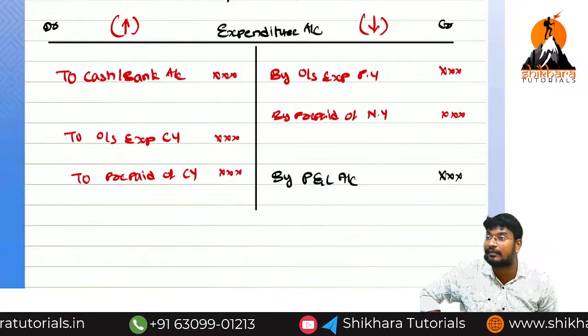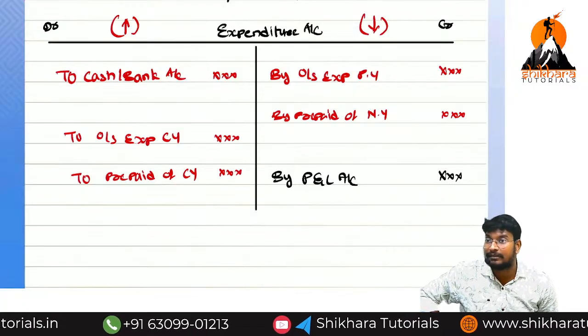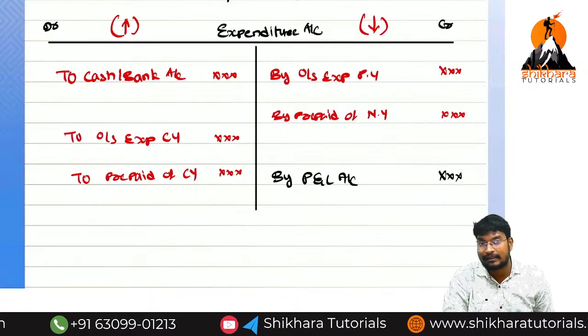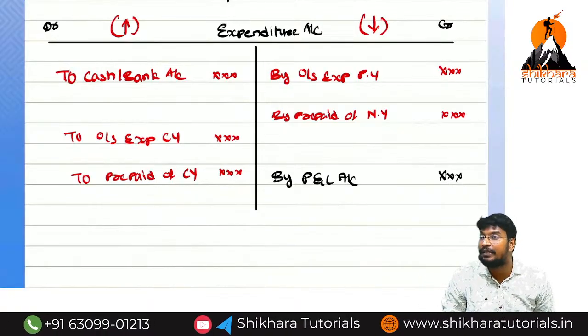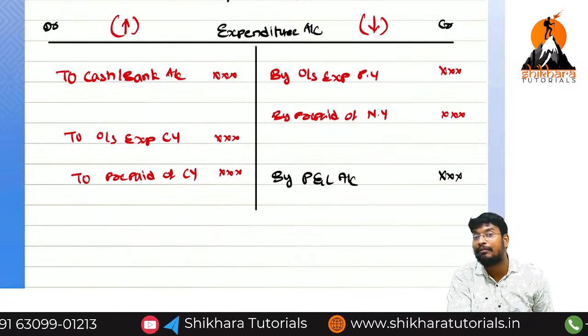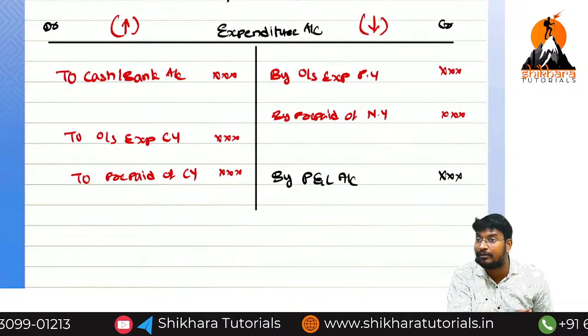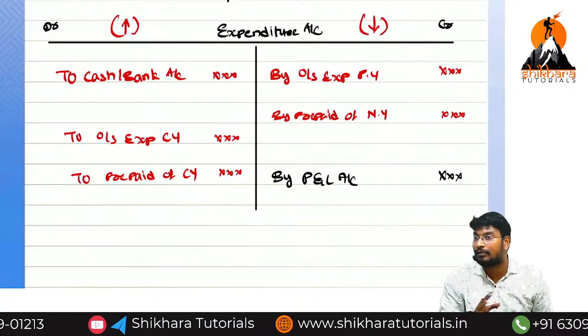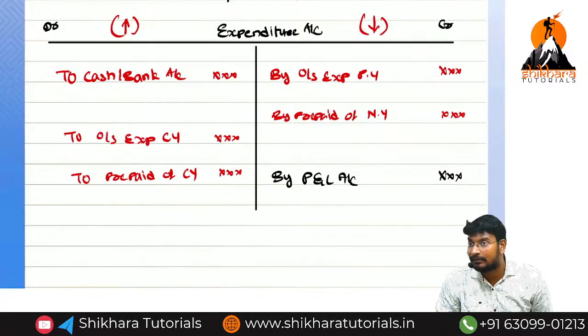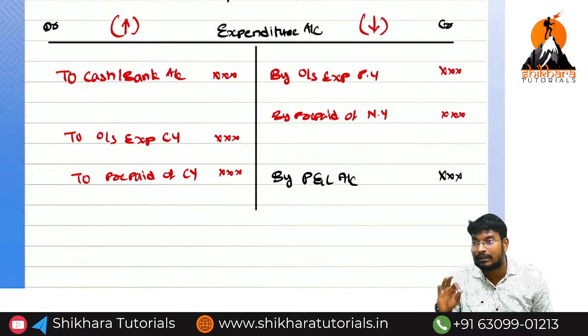Normally we write to balance brought down, by balance carried on. But to balance brought down will not be there, because instead of by balance carried on we are putting by P&L account. So balance brought down will not come into the picture.